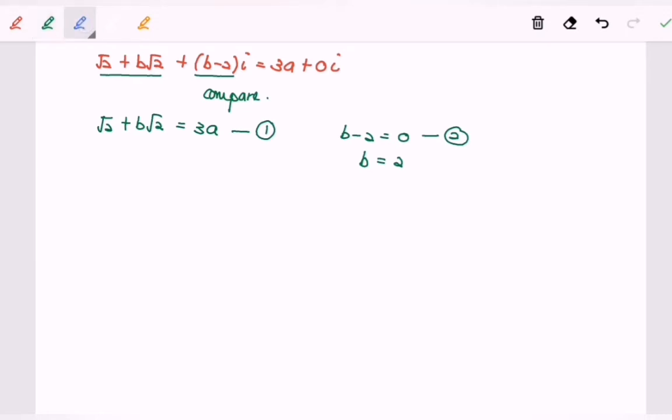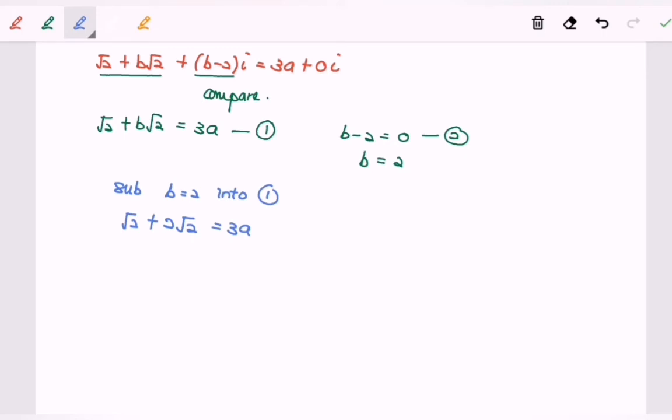So now I'm going to substitute b equals 2 into equation 1. Okay, so we will have √2 + 2√2 equals 3a.